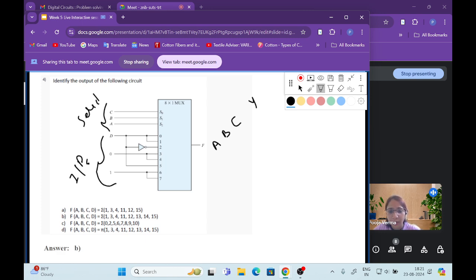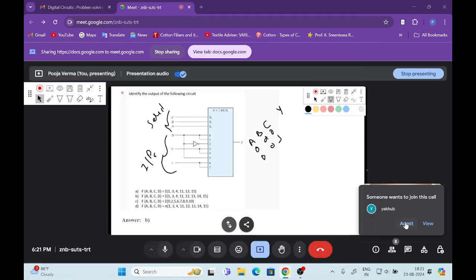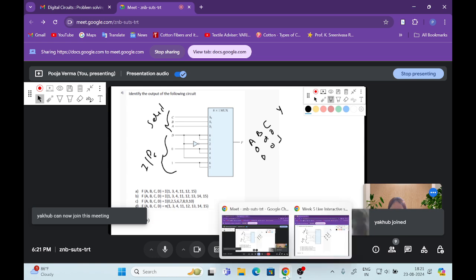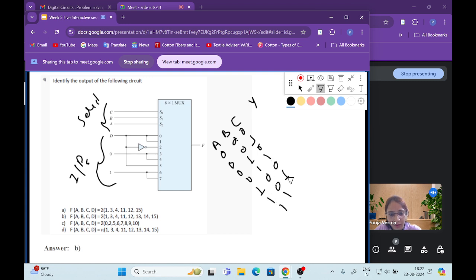Then the number of combinations we can make: 0 0 0, 0 0 1, 0 1 0, 0 1 1, 1 0 0, 1 0 1, 1 1 0, 1 1 1.